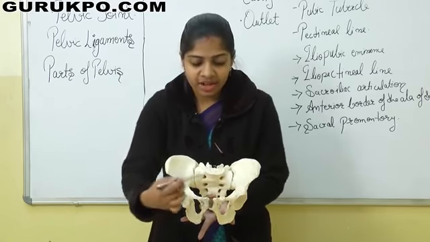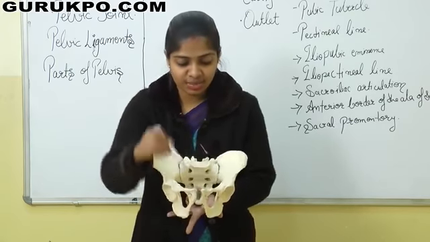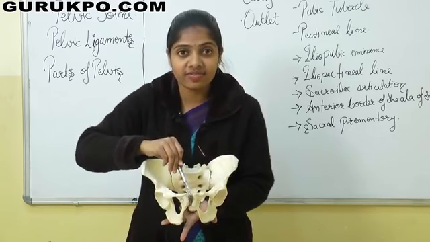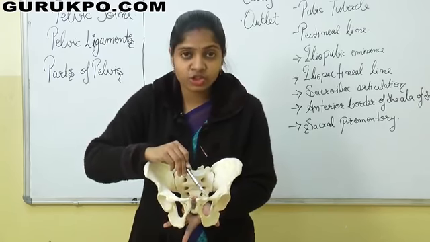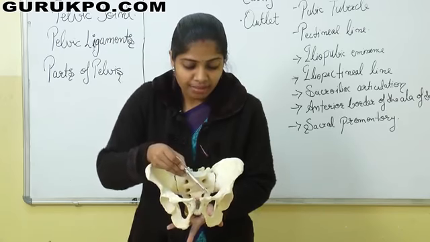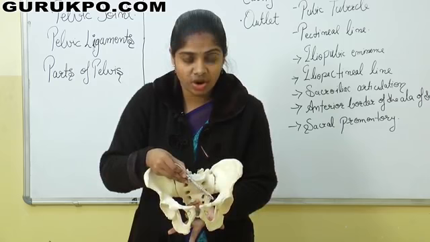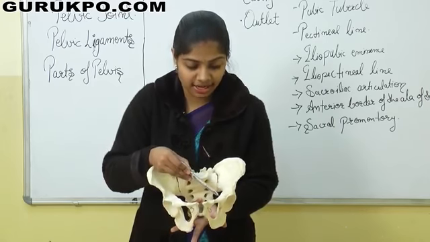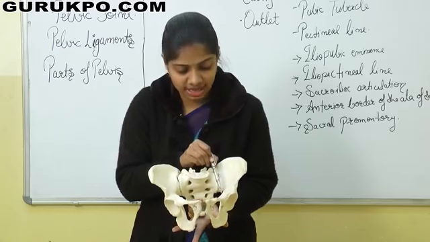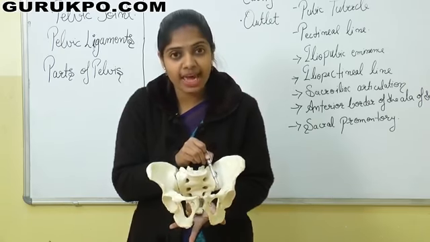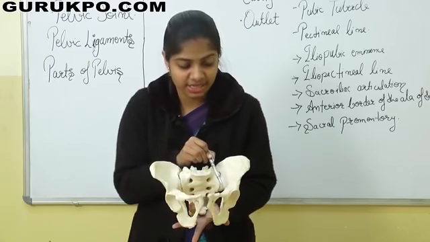Starting at the anterior portion, the first landmark is the symphysis pubis. Then there is the pubic crest, pubic tubercle, then the pectineal line. See, there is a line known as the pectineal line. Then there is an eminence, an outward projection known as the pubic eminence. Both sides have a pubic eminence.